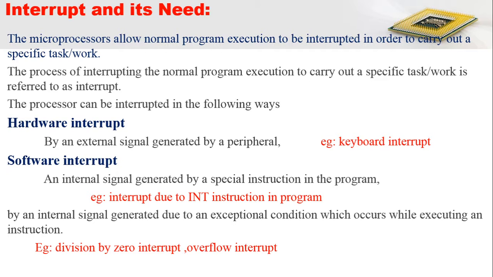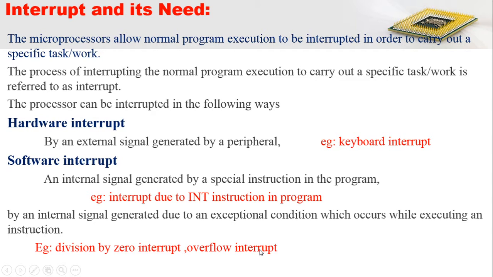A good example is the division by zero interrupt. In some cases in our program, as an exception, it divides a number by 0, and such an exception will automatically generate an interrupt.